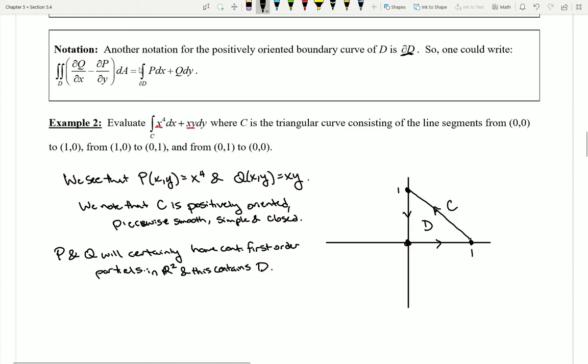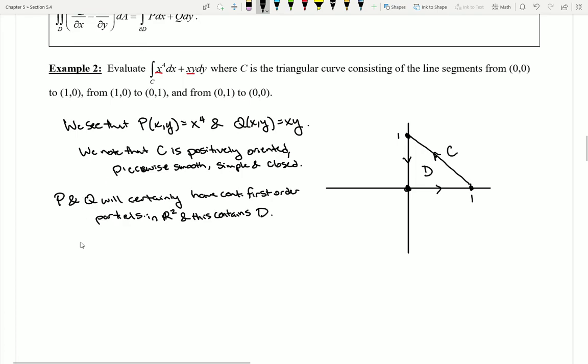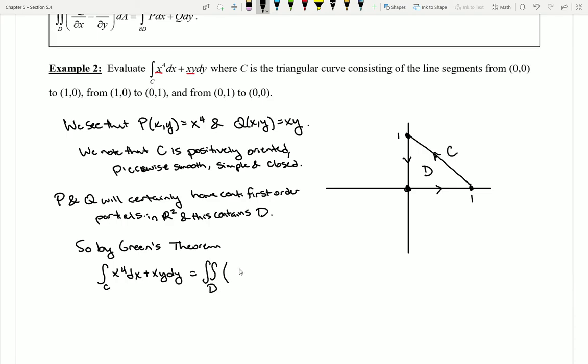If I wanted to compute this work integral that I have up here, I can instead compute this double integral. So, by Green's theorem, my integral along C, x to the fourth dx plus xy dy is automatically going to be equal to a double integral over D of partial of Q with respect to x.